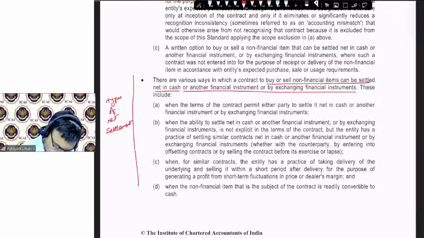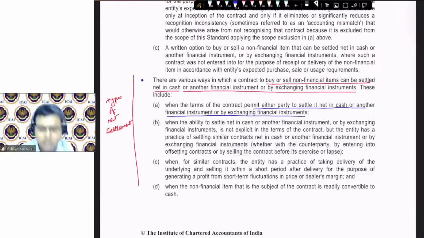So that is the first case, where the terms of the contract permit either party to settle it net in cash or other financial instruments or by exchanging financial instruments. This is the example which we discussed. The second case is when the ability to settle the contract net in cash is not explicit, not mentioned in the contract, but the entity has a practice of settling similar contracts net in cash.